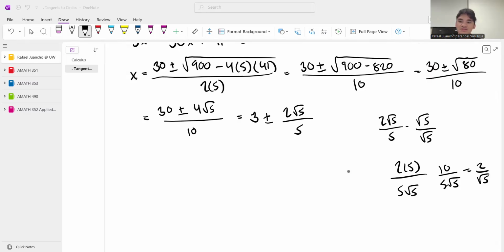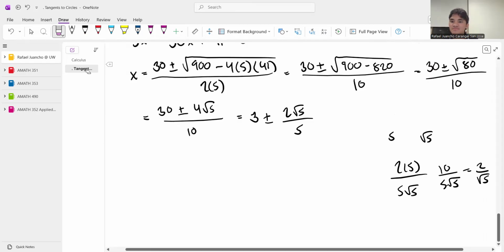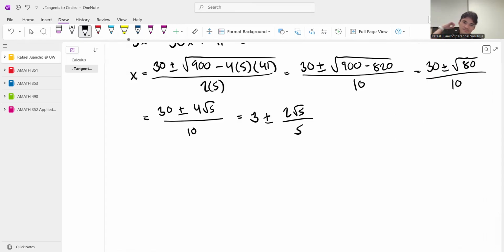Oh, that's the same thing as the answer key. Never mind. I think I got it. Yeah. I was just bogged down on the algebra. This is right. Because in the answer key, I just checked, it's 2 square root 5. So I was worried that's not right, but it's actually right because I just rationalized this like that.